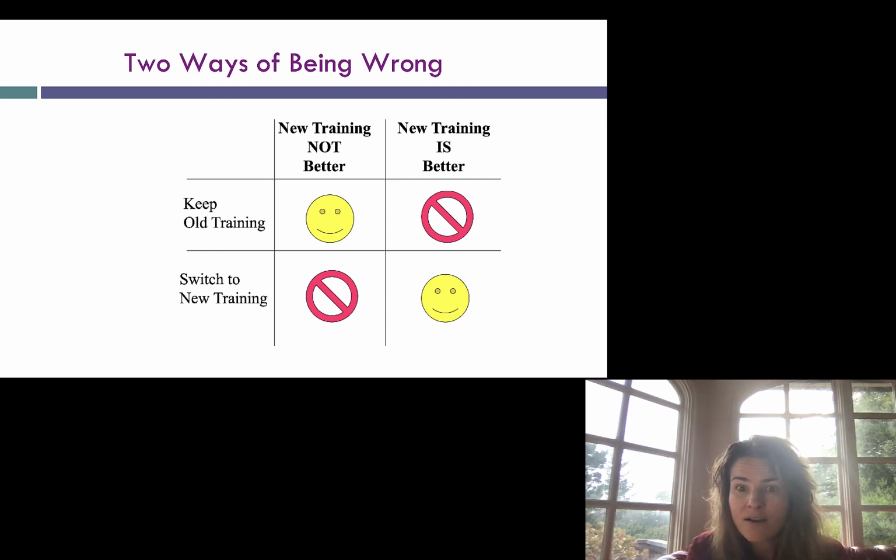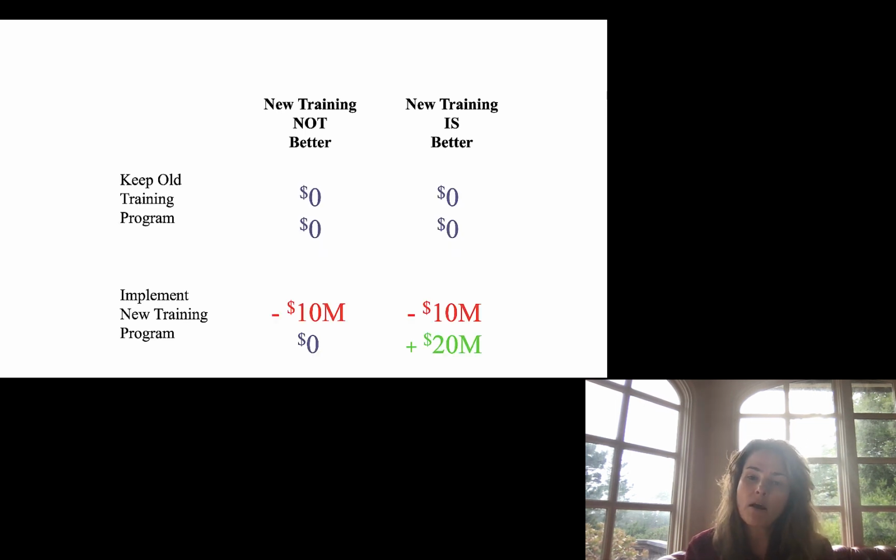So how do we make a decision? We don't want to switch and be wrong. We don't want to stay and be wrong. And part of how we make that decision has to do with the implications of our wrongness. In the case of the new training not being better and we keep the old program, it doesn't really cost us anything to implement it, and we don't really gain anything. So even if the new training is better and we keep the old program, nothing lost, nothing gained.